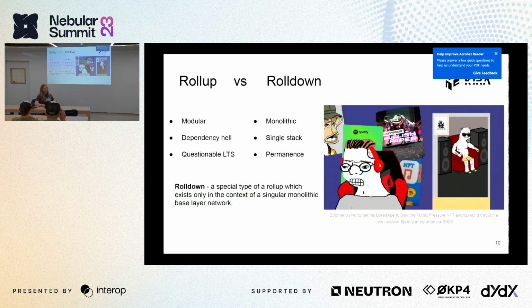Without him, none of us would be here, Celestia wouldn't be here, all the modular summits wouldn't be here. But we also cannot forget the true creator of pessimistic rolldowns, the person who started this entire rollup movement, and that's Joseph Poon, the creator of Bitcoin Lightning.